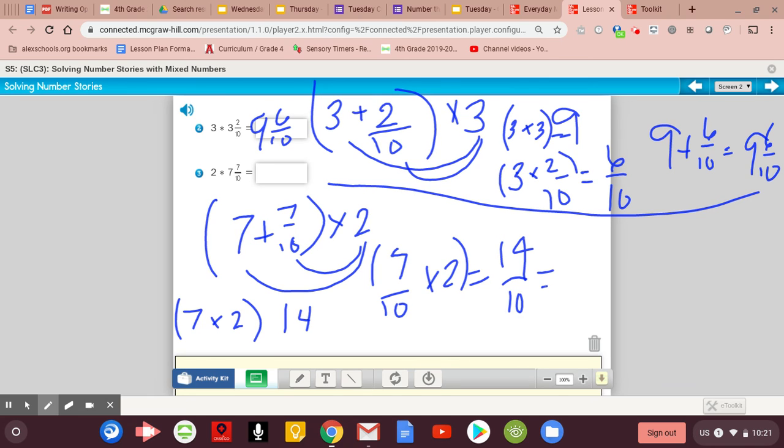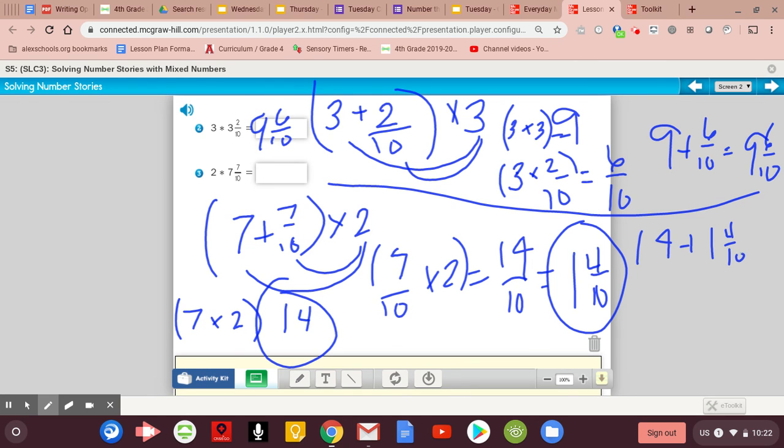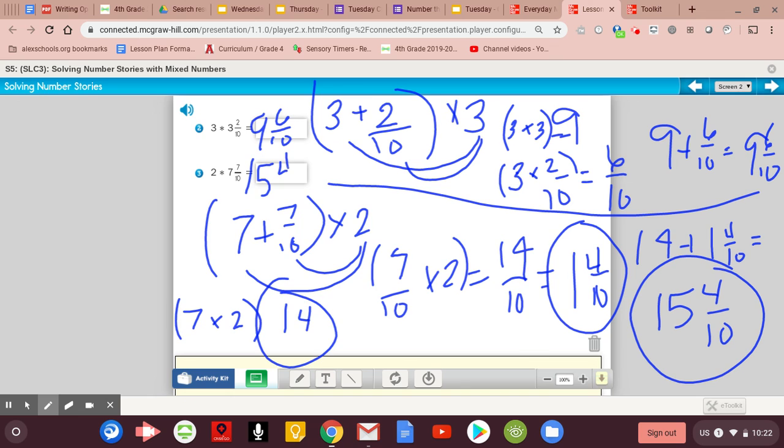Can that be simplified? Yes, because 10 can go into 14 one time, and I will have 4/10 left over. So 1 and 4/10. And then you are going to add this 14 plus 1 and 4/10, which will give me my final answer of 15 and 4/10. And once again, I'm going to write it up here. So even though my page is messy, I still can see.